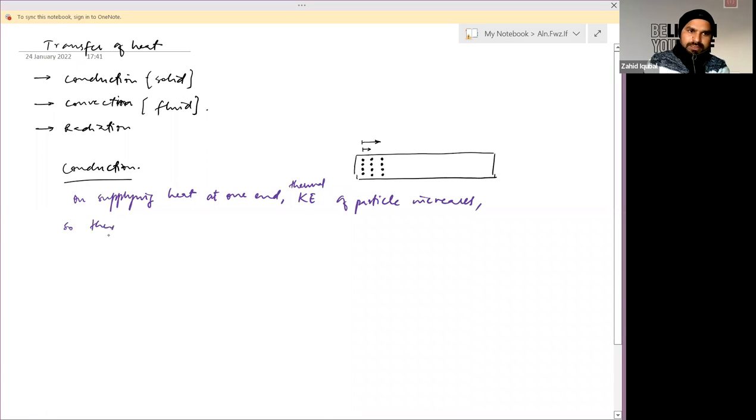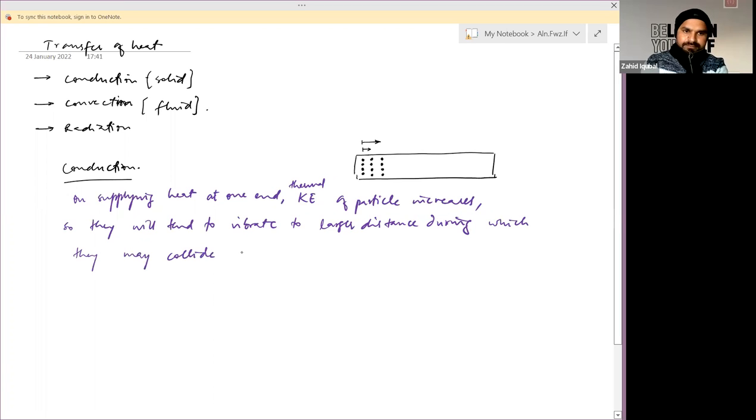So they will tend to vibrate to larger distances, during which they may collide with neighboring particles and transfer their energy.